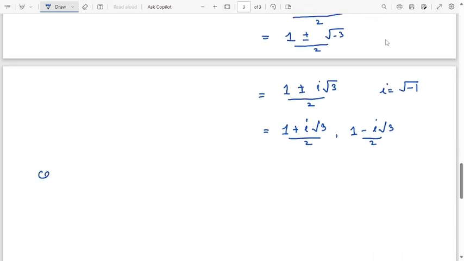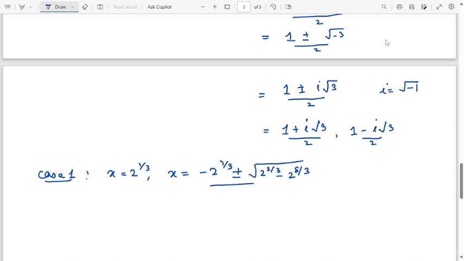For case 1, the solutions we got are x = 2^(1/3), and another solution is x = (−2^(1/3) ± √(2^(2/3) − 2^(8/3))) / 2.